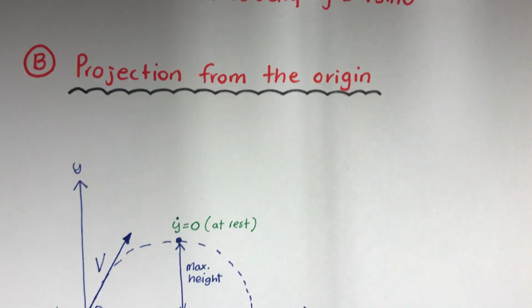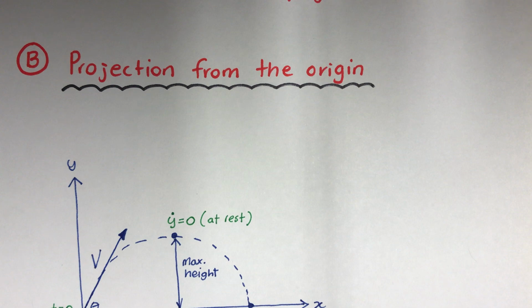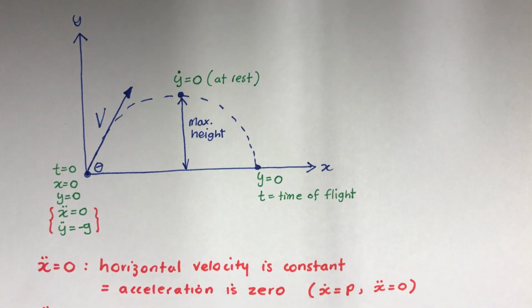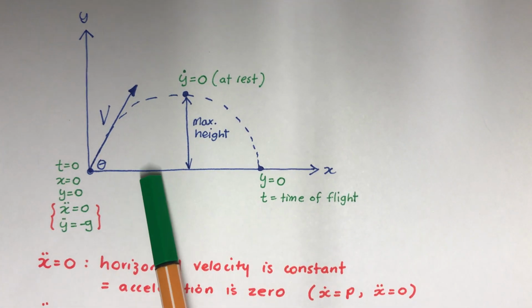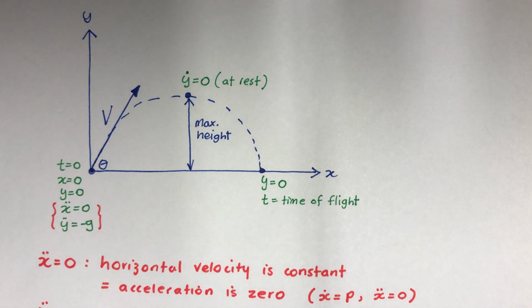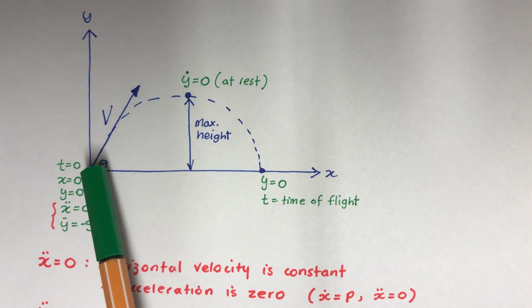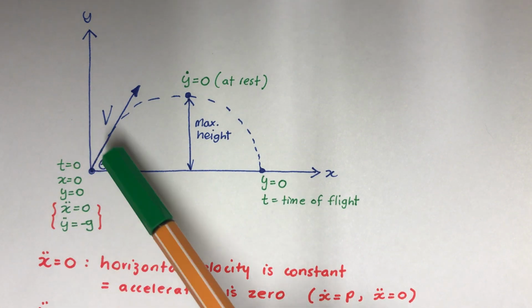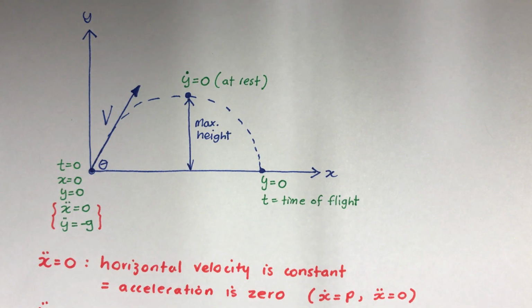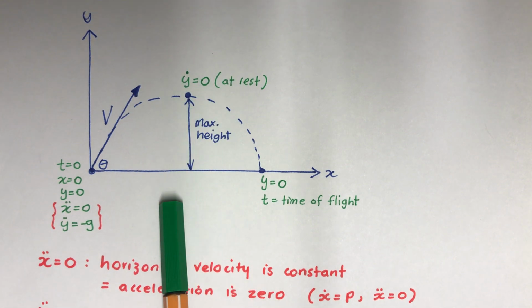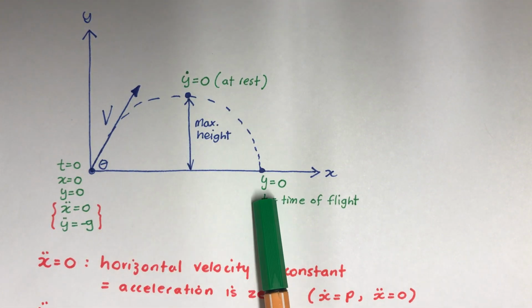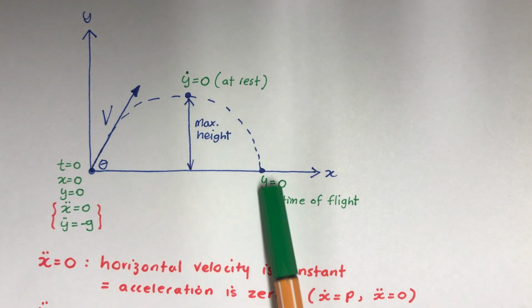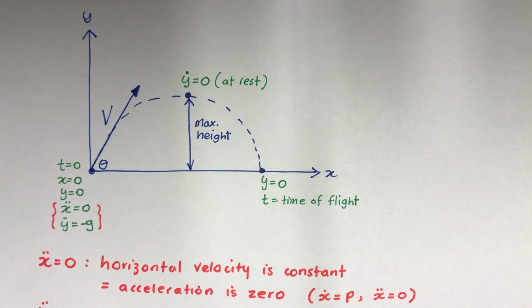Okay, so now what happens if a projection is from the origin? Now this is a good diagram for you to memorize if you could. The important part is the beginning, middle, and the end. So that's the initial velocity happening here, and right in the middle of the projection, it looks like a parabola. Well, it is, but it's a concave down parabola.